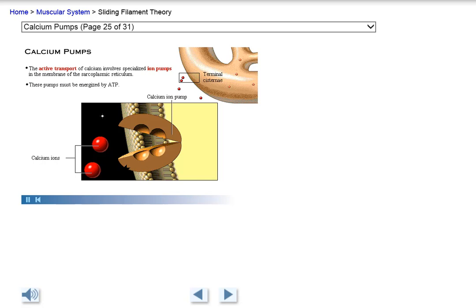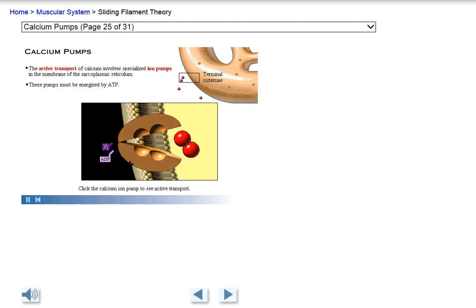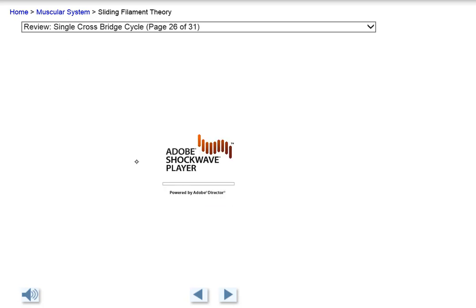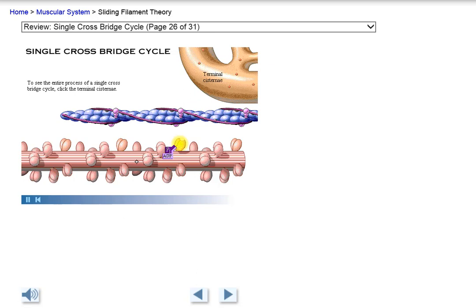These pumps must be energized by ATP. Click the calcium ion pump to see active transport. To see the entire process of cross-bridge cycling, click the terminal cisternae.